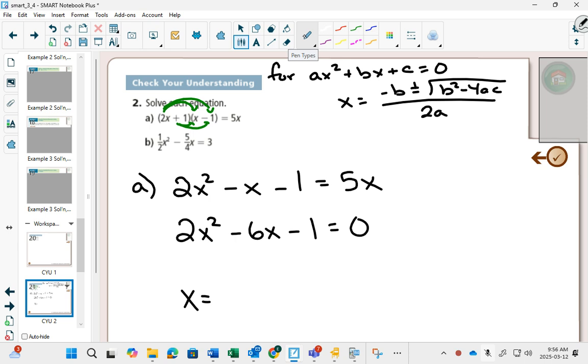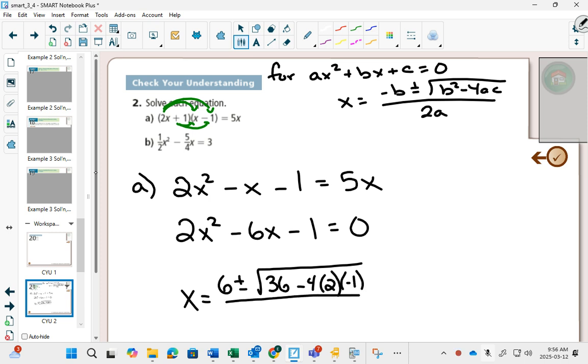So you go to your quadratic formula. Your b value is -6, so negative b would be positive 6 plus or minus. Negative 6 squared is positive 36. Remember, when you square a negative number, it becomes positive. Minus 4, a is 2, c is -1 over 2a.